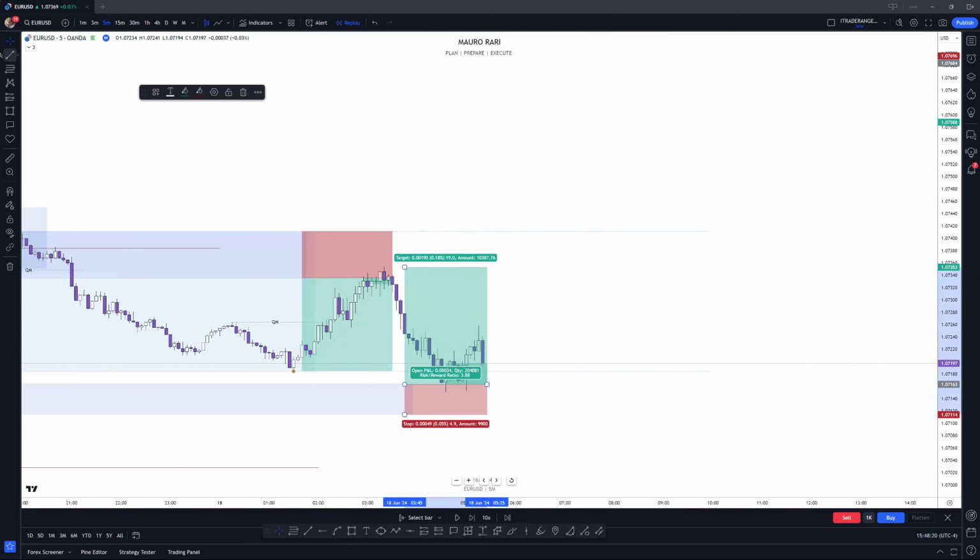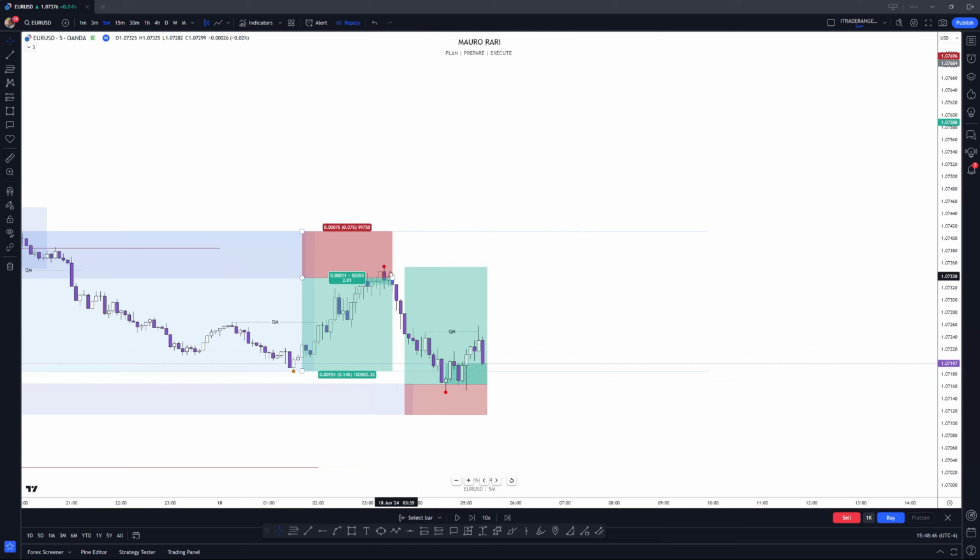So I can definitely mark this area as my QM. And I have now a range in 5 minutes. Okay. So I can short anywhere from here.